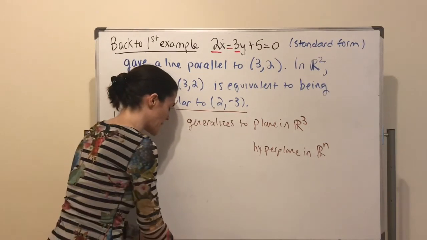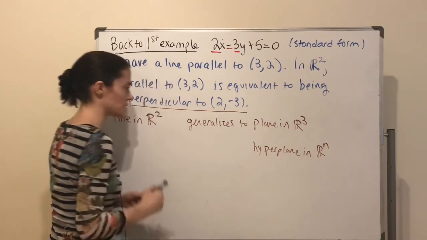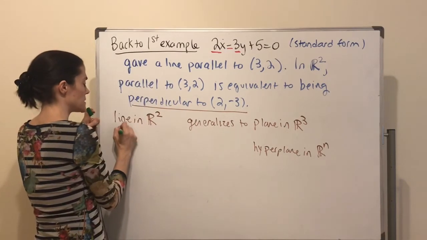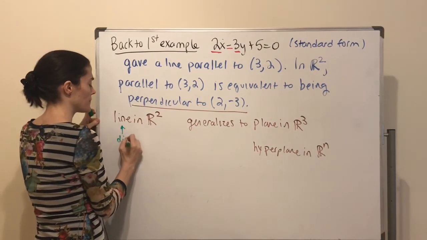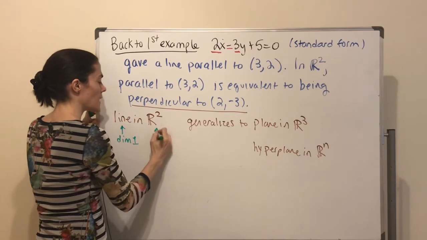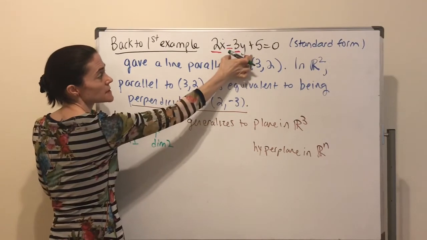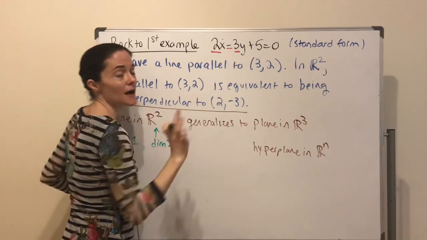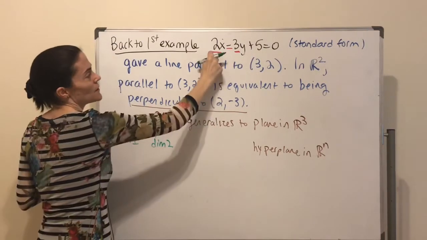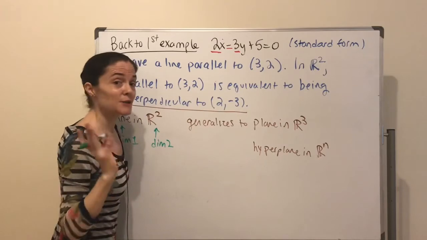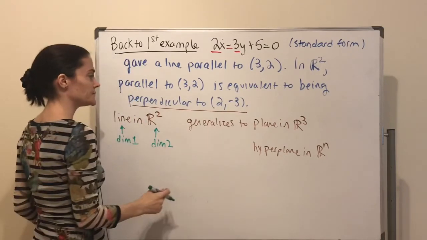But before I get into this any further, let me just talk about dimensions. This is dimension 1 sitting inside something of dimension 2. If you look at the standard form of the equation of this line, you can read off a vector it's perpendicular to.